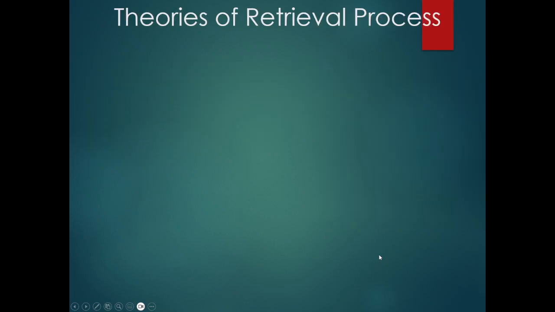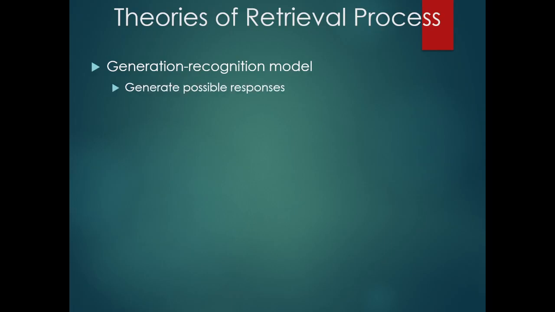So, how do we go through the retrieval process? Well, the generation recognition model says that when we're trying to remember something, we generate possible responses. And we then have to pick out of all those possible responses the correct one.